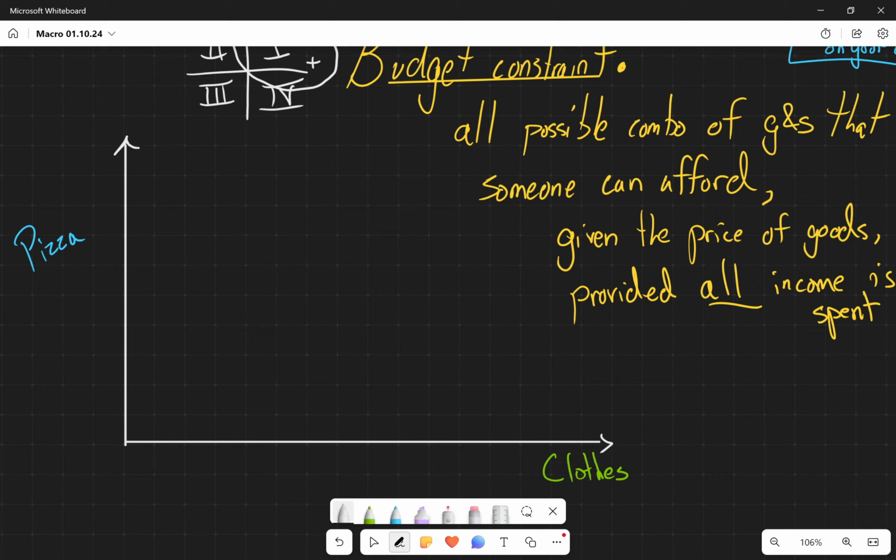And so provided that my income is something like $100, and let's just pick some nice round amounts here. Let's say that pizza is $5 a slice. And let's say that clothes are $20.